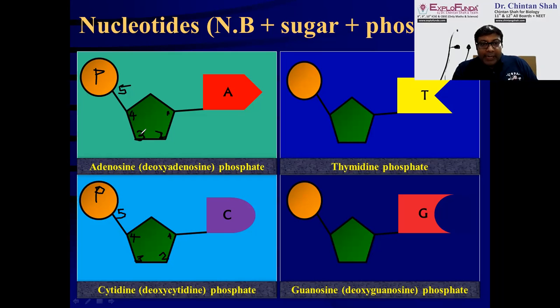The first nucleotide's third carbon combines with the next nucleotide's fifth carbon. Again, the first nucleotide's third carbon combines with the next nucleotide's fifth carbon, and this bond is known as a phosphodiester bond. This bond is known as what?